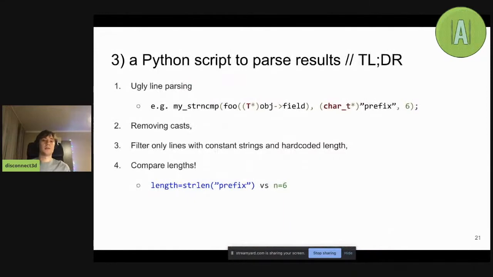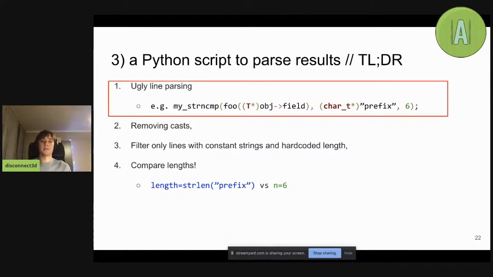And the next thing was that I wrote a Python script to parse the results. And the TLDR for the script is we start with ugly line parsing. So for example, when we have a line like this, when there's an object that is casted to something, or actually a field is first retrieved, and then the field is casted to a type, and then it's also passed to a function, which will in the end return with a character pointer.